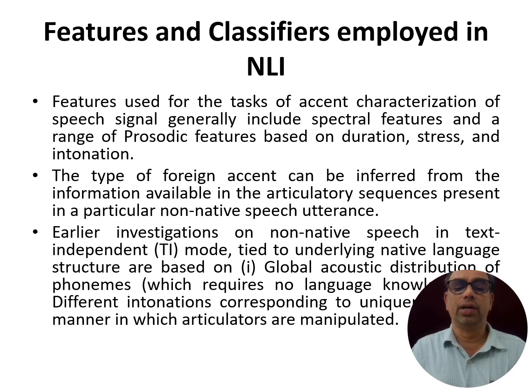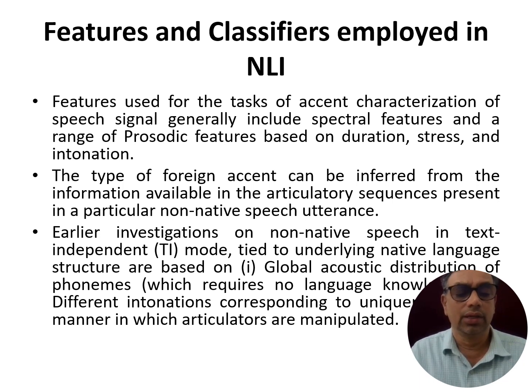The type of foreign accent can be inferred from the information available in the articulatory sequences present in a particular non-native speech utterance. Earlier investigations on non-native speech in text-independent mode tied to underlying native language structure are based on global acoustic distribution of phonemes, which requires no language knowledge.